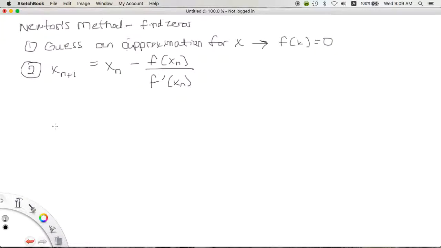And we're not going to really do very many of these by hand because obviously we can find zeros on our calculator really easily. So let's just try one example and see how this works.